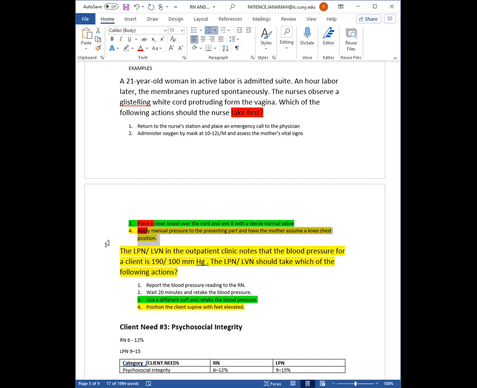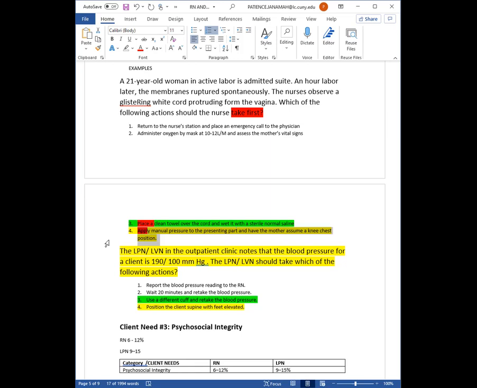Umbilical cord prolapse. If the cord is coming out without the baby, you have to put it back. So you manually apply pressure to the presenting part and have the mother assume a knee-chest position. Clementina explained the relieving of pressure aspect. The answer is telling you how to manage a patient with a prolapsed cord.